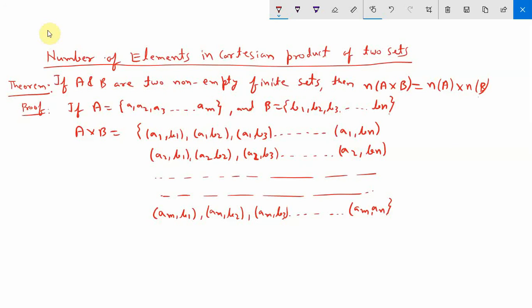So if we see, it is in the tabular form and there are m number of rows. Okay, a1, a2, we can see m number. If we see this, m rows and n columns.